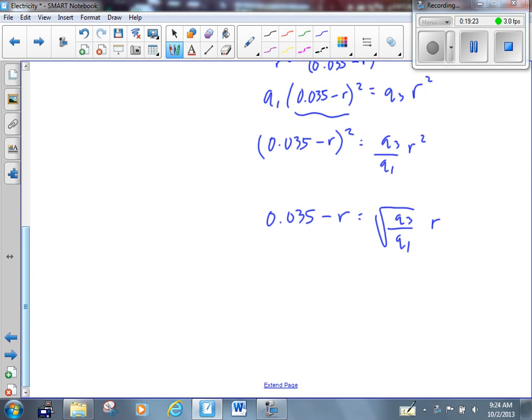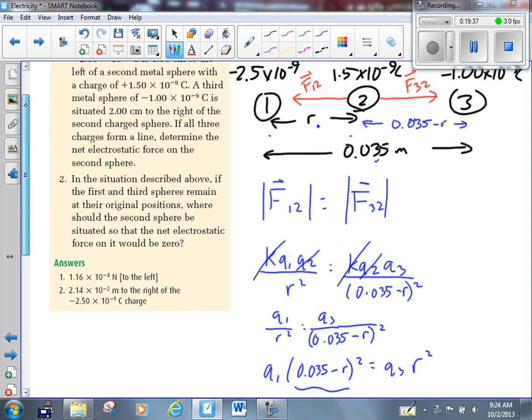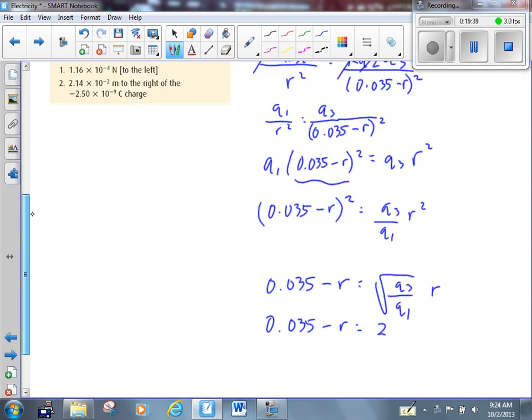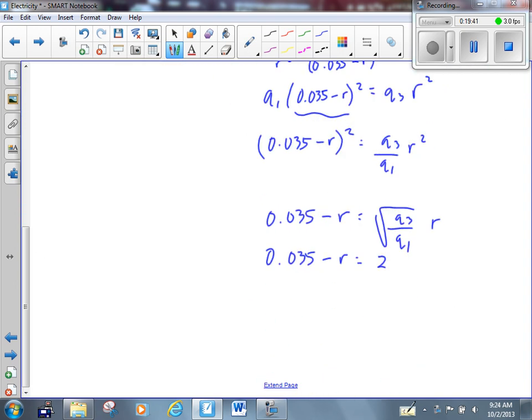Let's get a number for that square root of Q3 over Q1. The charge of Q3, I believe, was 1 times 10 to the minus 9. And Q1 was 2.5 times 10 to the minus 9.